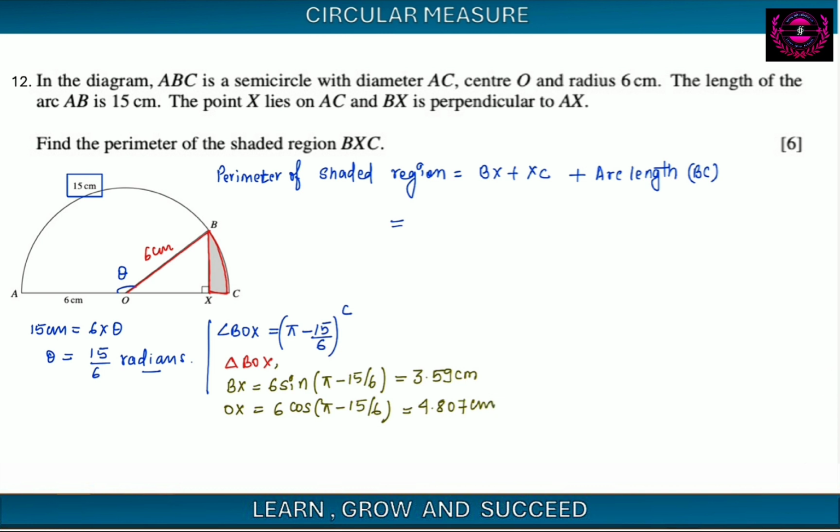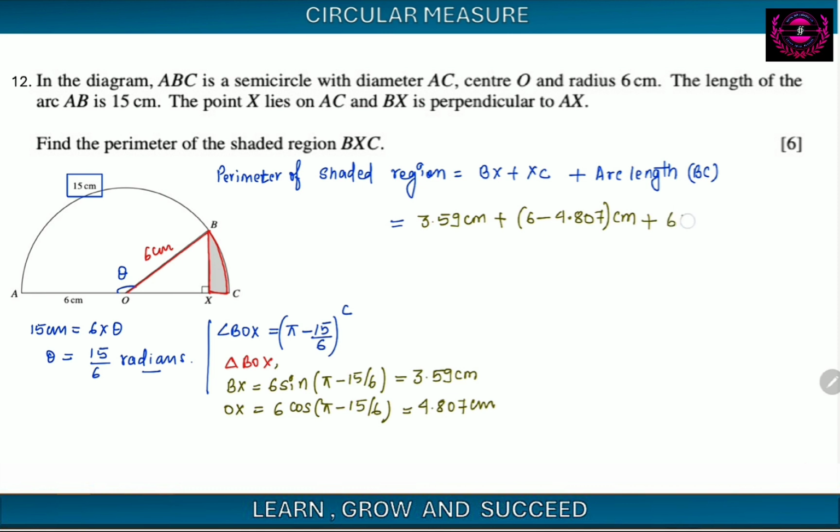So now you can calculate the perimeter of the shaded region as BX, which is 3.59 centimeter, plus XC, which is 6 minus OX, so 6 minus 4.807 centimeter, plus arc length BC, which is r theta.